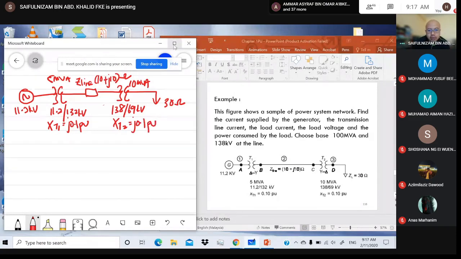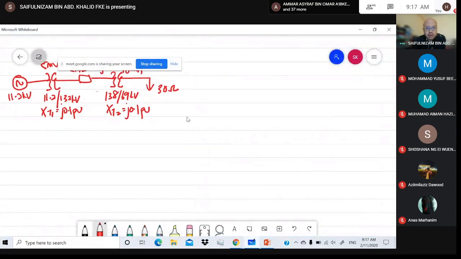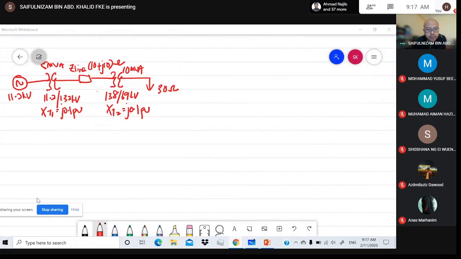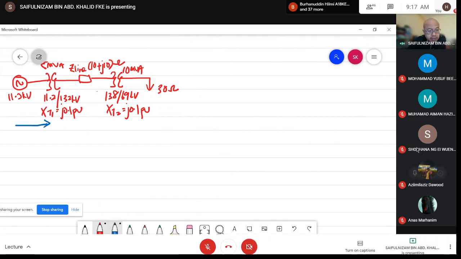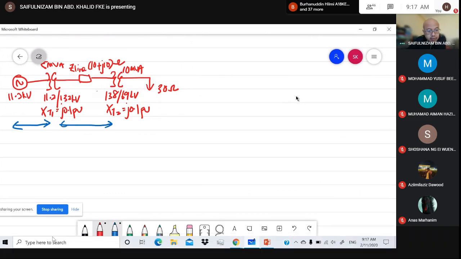I full screen this one. All the information is from the single line diagram. Then we have to find the base voltage, let's say VB1, VB2.